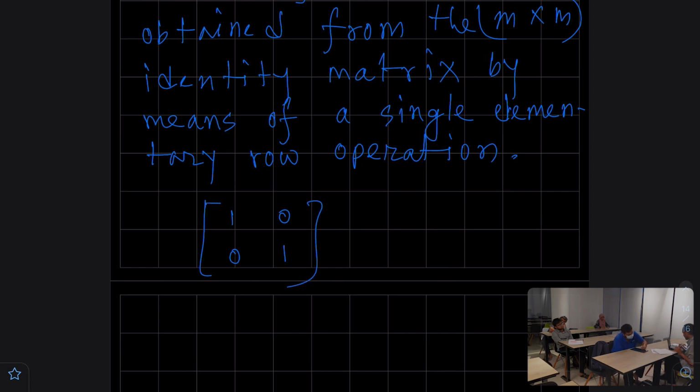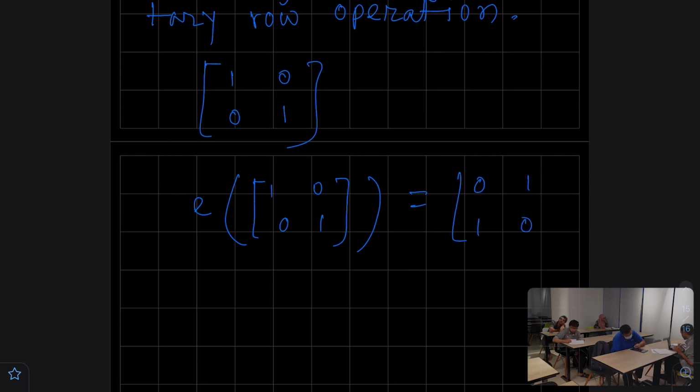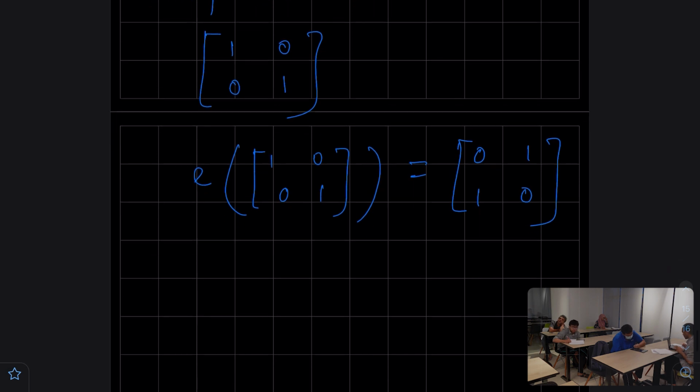If I apply the third elementary row operation on this matrix, this will be 0 1 1 0, right? So this is the third elementary row operation on the matrix 1 0 0 1.